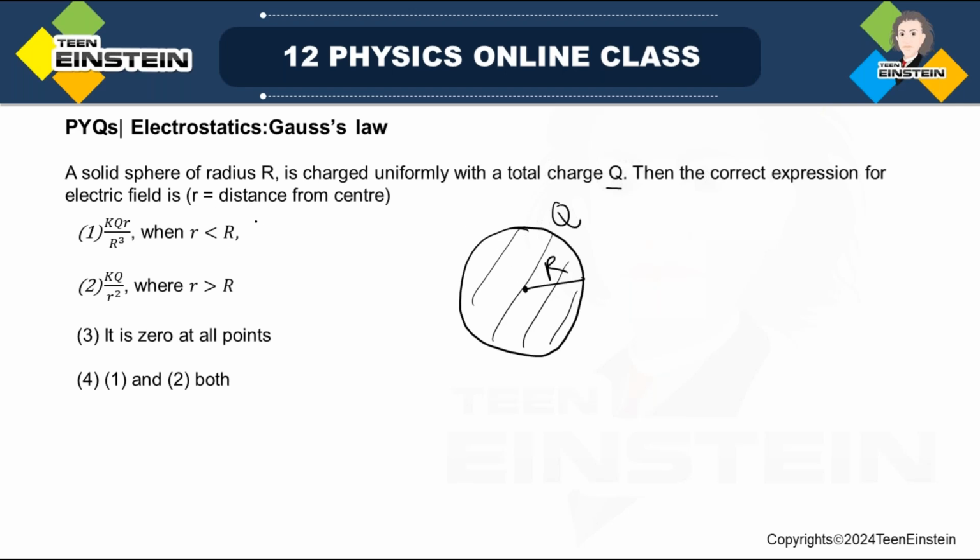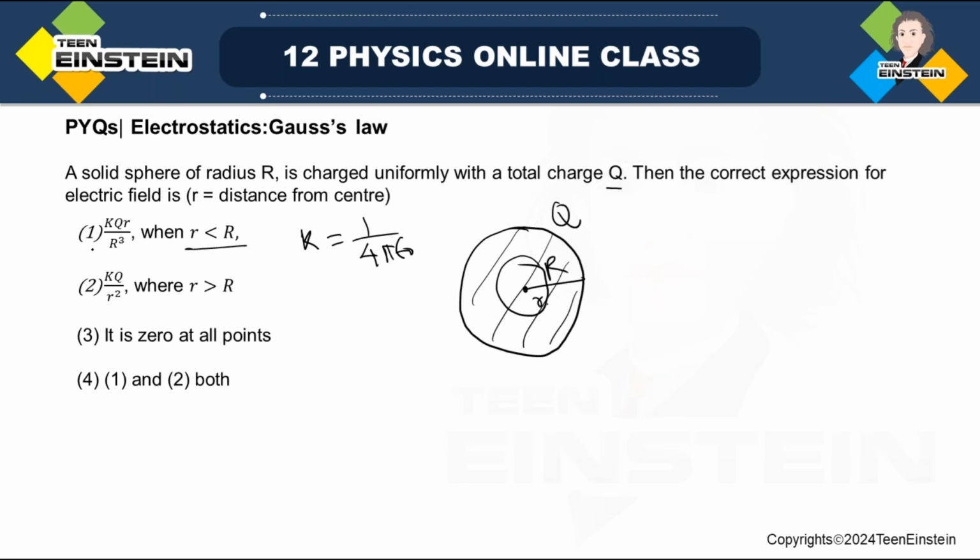Now see, the question is saying which of these expressions will be correct for the electric field of this particular solid sphere. This one says it will be kq, where k is 1 by 4 pi epsilon naught, at any inside point r.